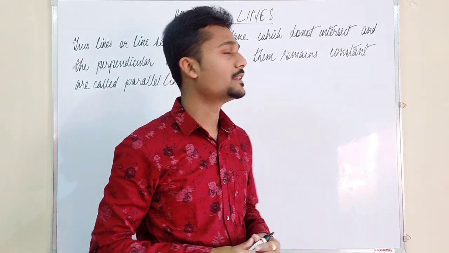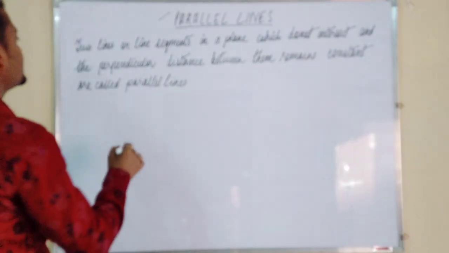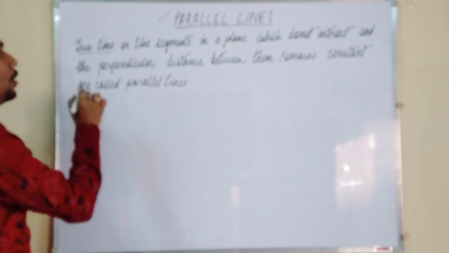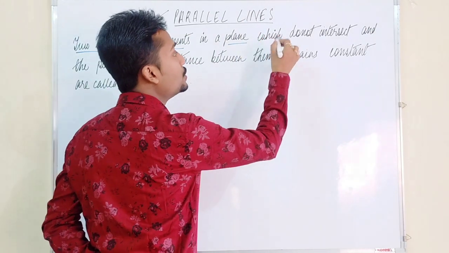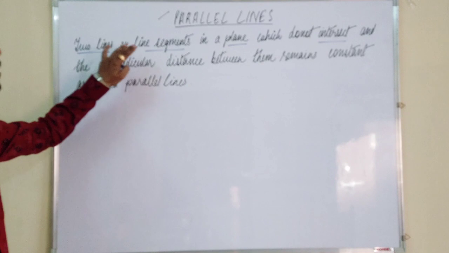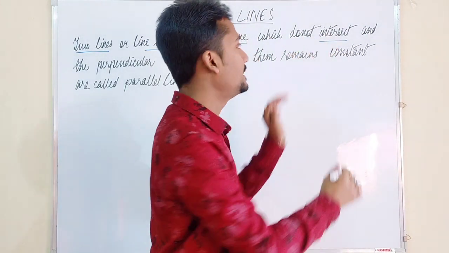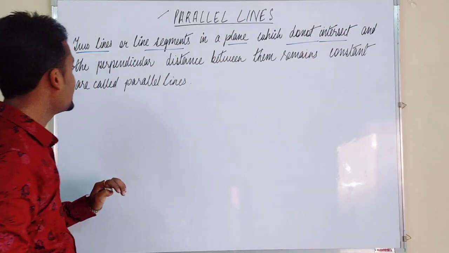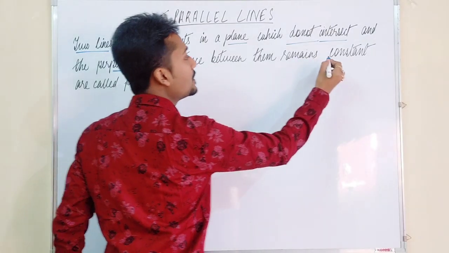Now let us see the next part, that is parallel lines. Let us understand what are parallel lines. Two lines or line segments in a plane which do not intersect, and the perpendicular distance between them remains constant.